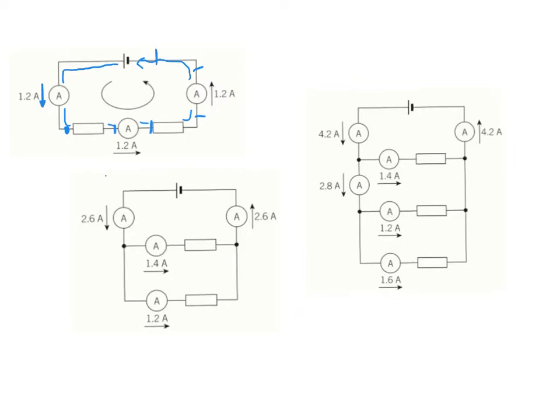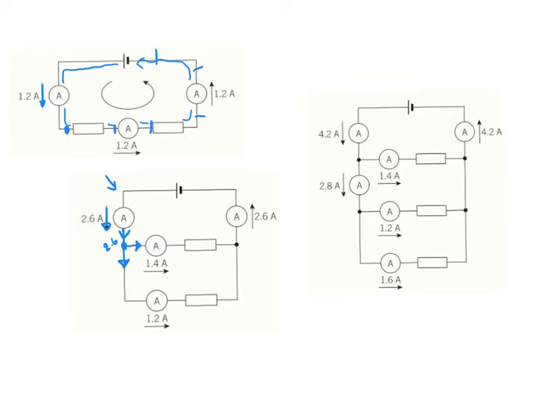But if we have a look at this diagram here, you can see that 2.6 amps of current are heading towards this junction. So I have 2.6 entering. That means that the same amount should be exiting, but in two different routes. So as current heads to this junction, it has two possible routes to flow through. So that means that the 2.6 amps going in here will split in different amounts depending on what resistance each resistor has.